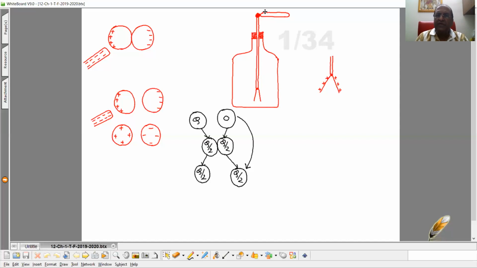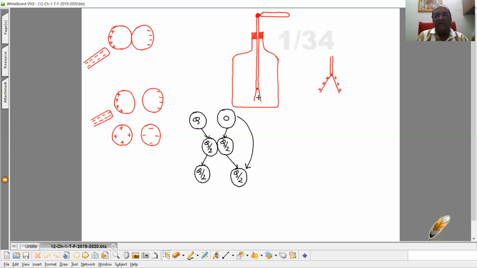Now suppose we have one glass rod rubbed with silk. When a glass rod is rubbed with silk, the charge deposited on the glass rod is positive charge. So if this glass rod is touched with this sphere, then positive charge attracts negative charges.